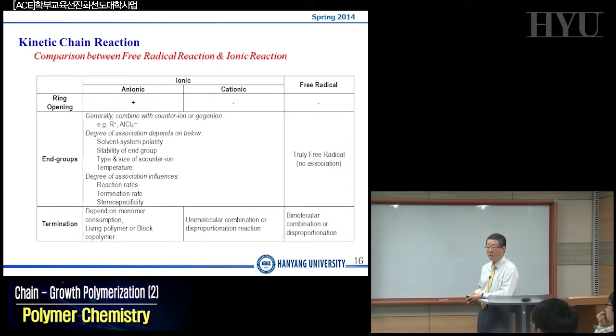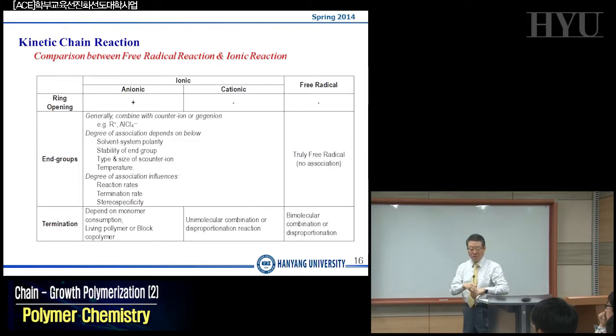The ions do not stay as a single lone ion, but you should have a counter ion. In other words, if I have a positively charged ion at the end of a chain, it's not staying just a positively charged ion, but you should have a negatively charged ion as a couple, or vice versa.